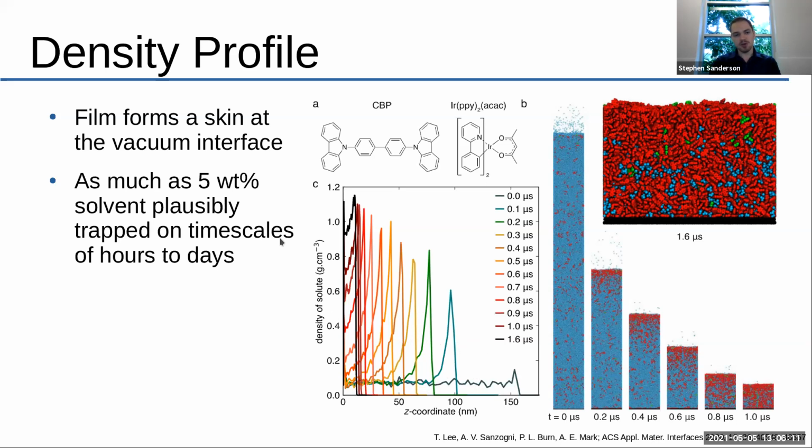One interesting side note that we'll come back to is that it's plausible that as much as 5 to 8% solvent is trapped in the layer on experimentally relevant timescales, so hours to days. That's another problem in trying to get all of that solvent out in our simulations, but also it means that that trapped solvent could possibly have some effect on device performance.